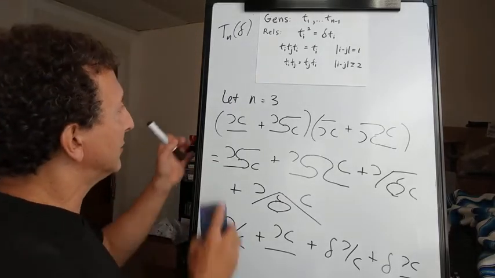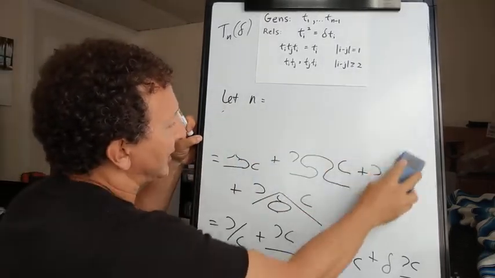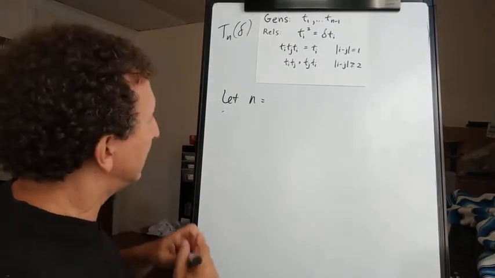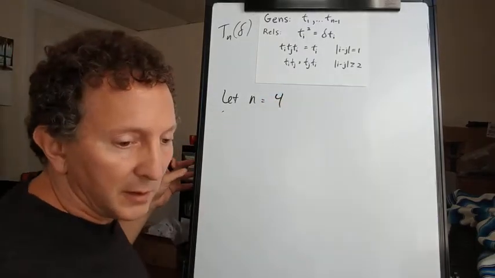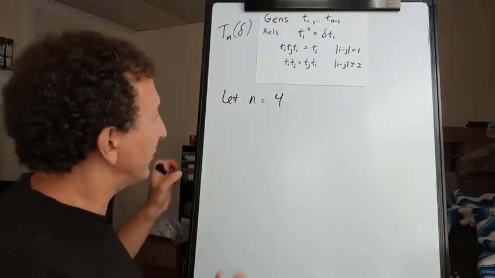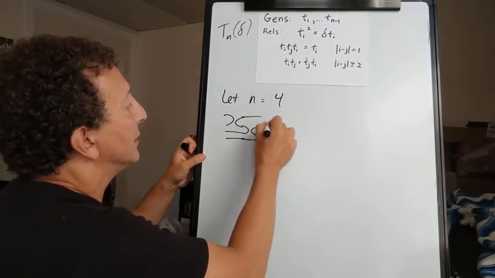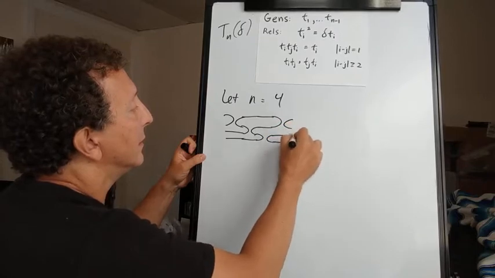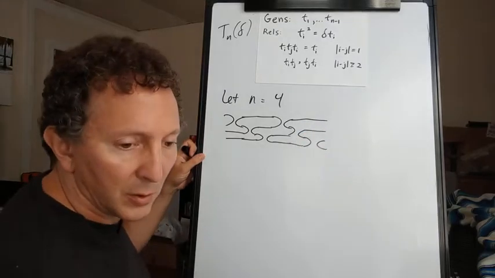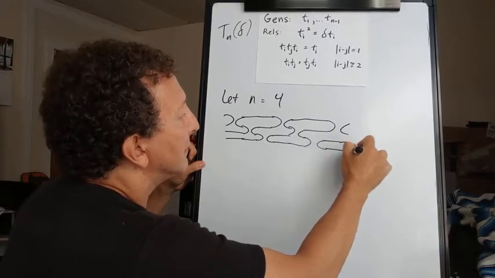Now let's do the other example. Now I'm going to let n equal 4. The other example was 1, 2, 3, 1, 2, 3, 1, 3. So 1, 2, 3, 1, 2, 3, T1, T3.